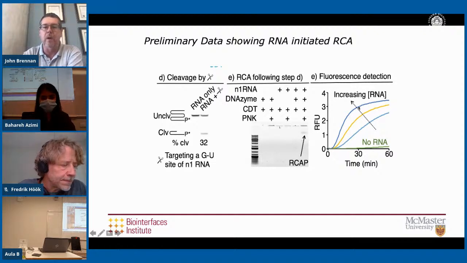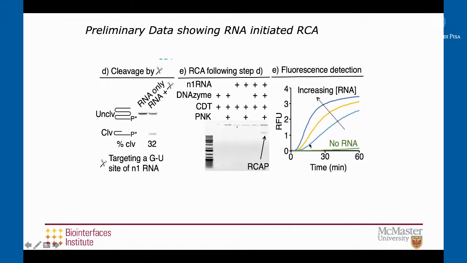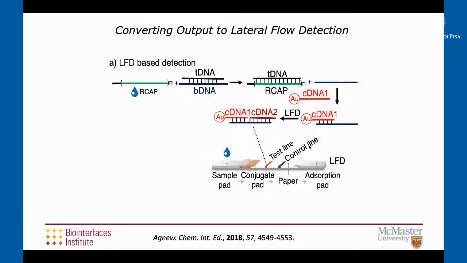In this case, we increased the amount of RNA and simply added an intercalating dye, and you see that the fluorescence goes up. Within about 15 minutes, we can get a reasonable amount of fluorescence from this assay. So it's reasonably fast, and we have spent some time optimizing that component as well.